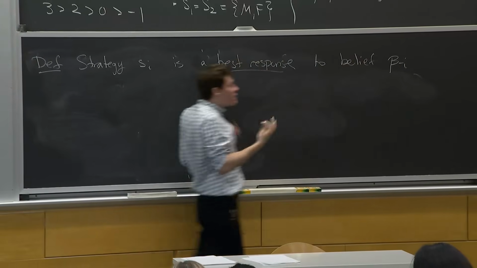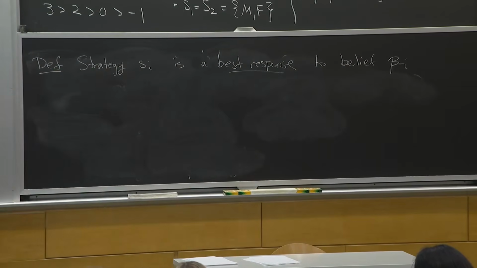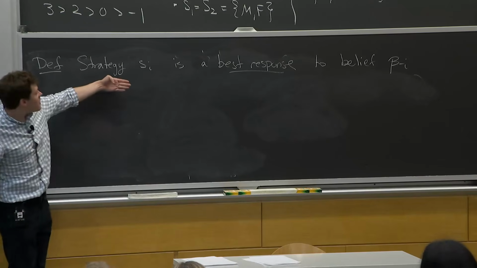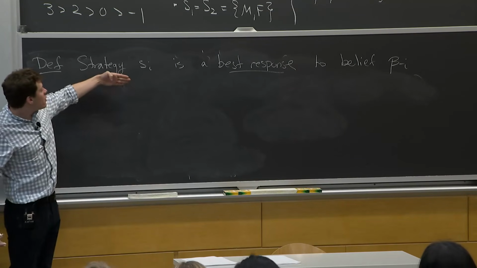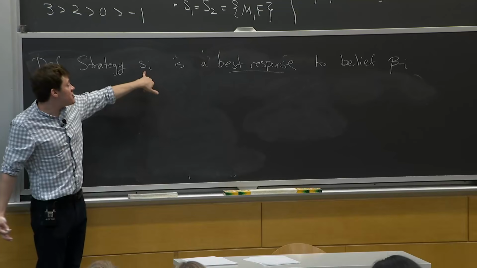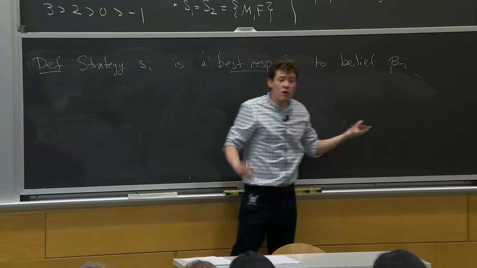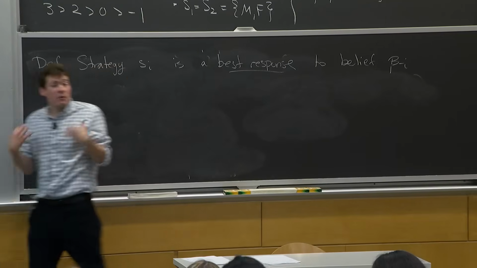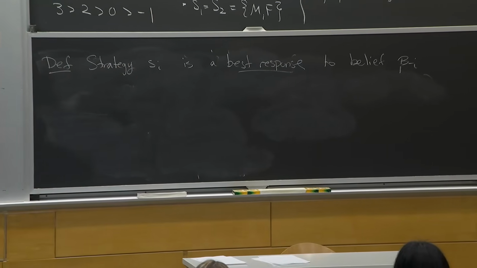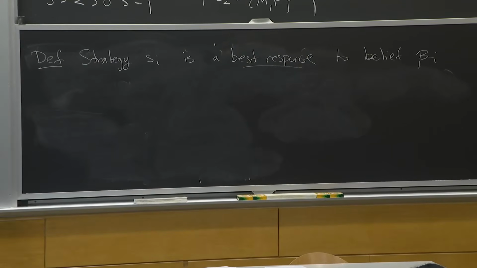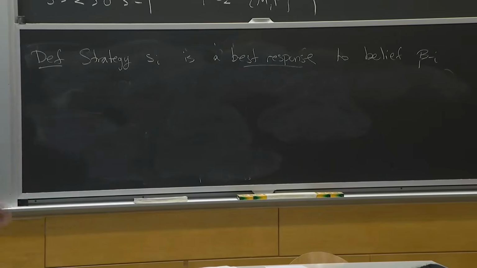And remember, for any of this to make sense, we have some game in the background. We have some player, and if I wanted to be really precise, I would say for player I, strategy Si is a best response to belief beta negative I, because we're evaluating things here from the perspective of player I. Player I chooses a strategy for herself and forms beliefs about everyone else's strategy.